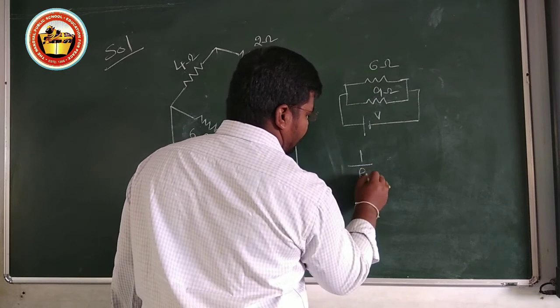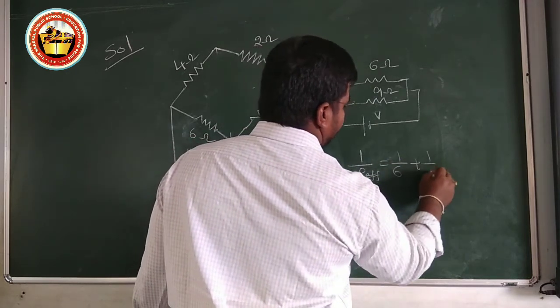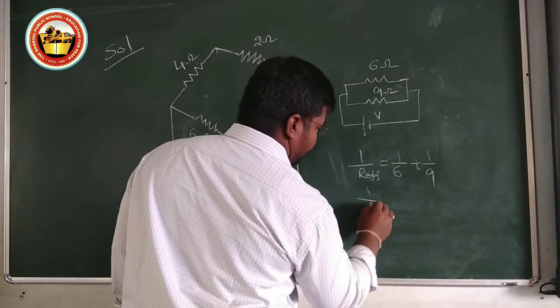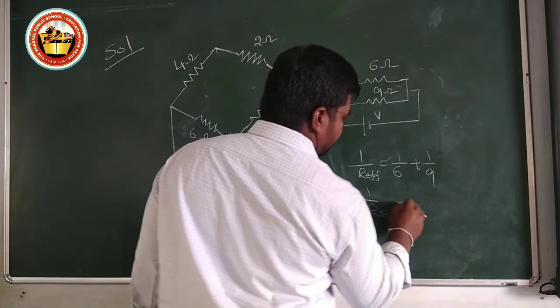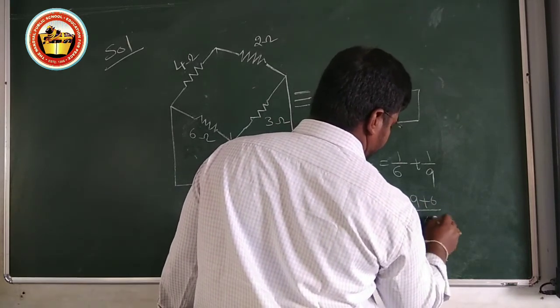1 by R effective is equal to 1 by 6 plus 1 by 9. 1 by R effective is equal to 9 plus 6 divided by 6 into 9.